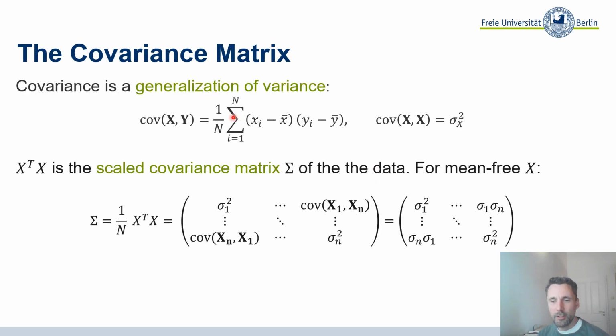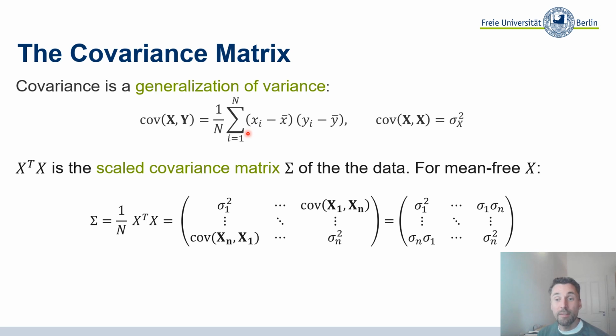Covariance is actually a generalization of variance. You'll see this sometimes written as cov of two random variables, x and y, for example. And if you look up the definition, you'll see something like that. So you have samples drawn from these random variables, and these samples are compared to their individual means, x bar and y bar.